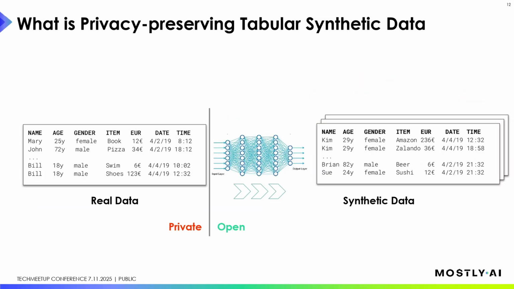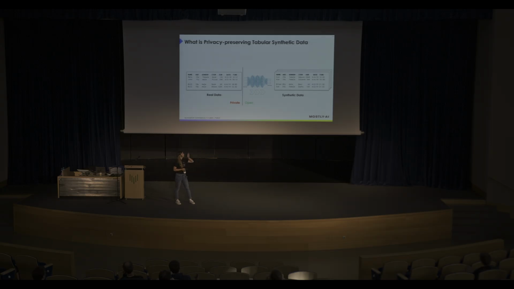What I talk about is tabular synthetic data, because I showed an example on the images, but most data is saved in tables. And that's where the tabular synthetic data comes in. But the mechanism is the same. You have the table with the features, you train the neural networks on it, and then once you learn the patterns of the data set, you have this knowledge and you can generate data from scratch.